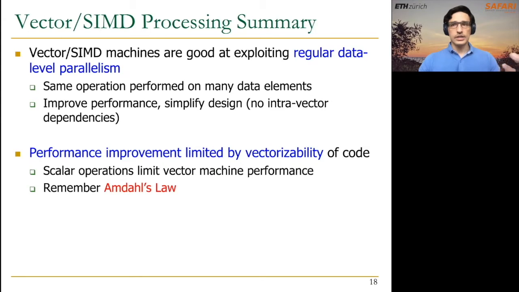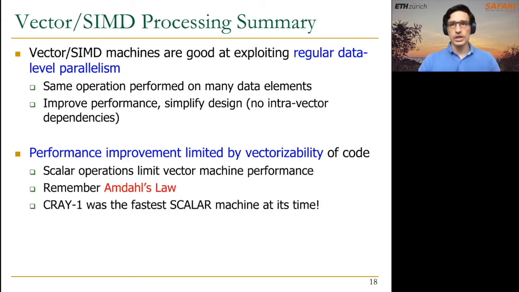This is why, and this is something that Amdahl himself realized, even though he was the inventor and developer of one of the first supercomputers, Cray-1, which was composed of hundreds of parallel execution units that could execute SIMD instructions. He was also conscious about the importance of a fast execution of the non-parallelizable code, the sequential code.